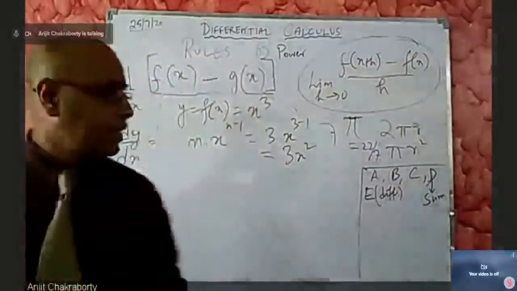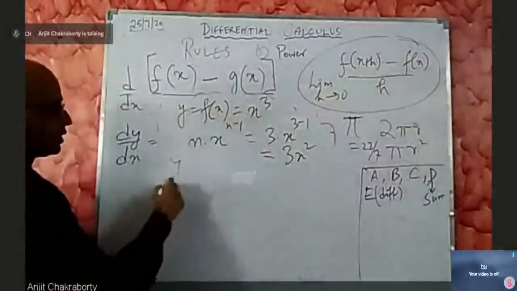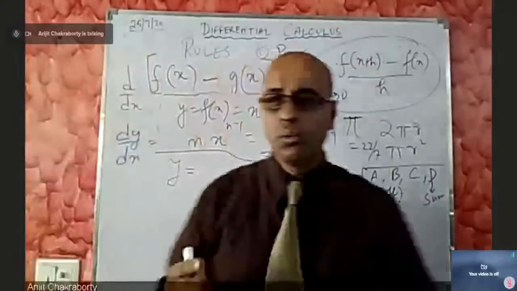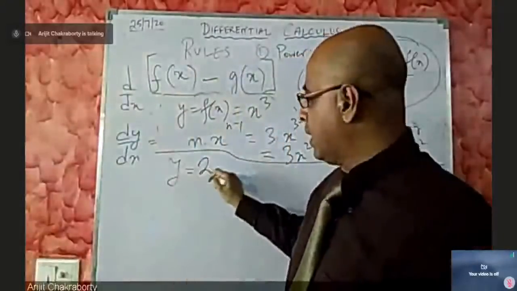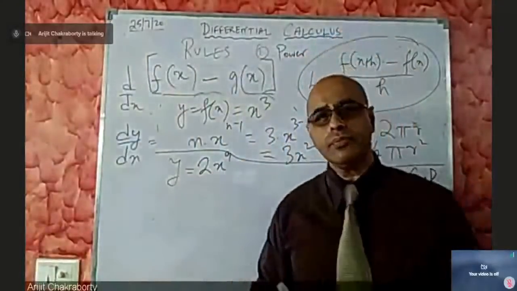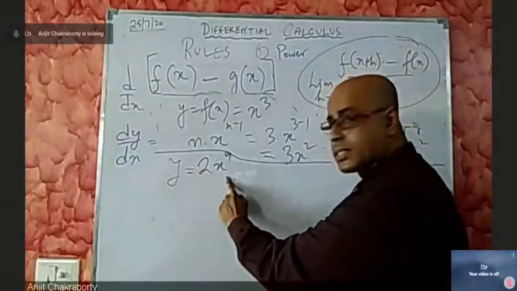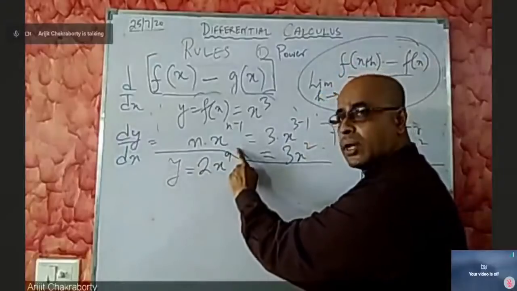Now we take another example, y is equal to 2x to the power 9. So this is of the form ax to the power n.